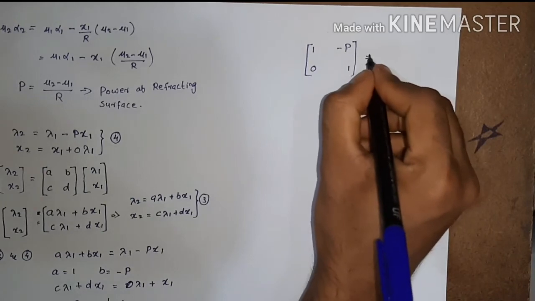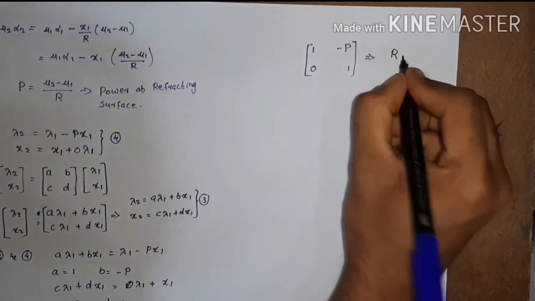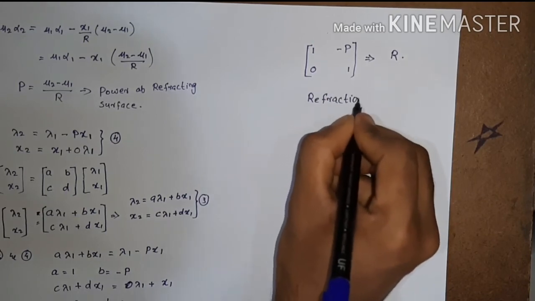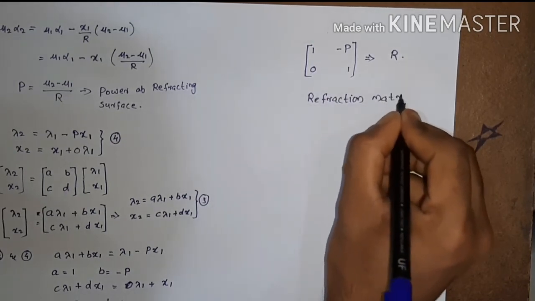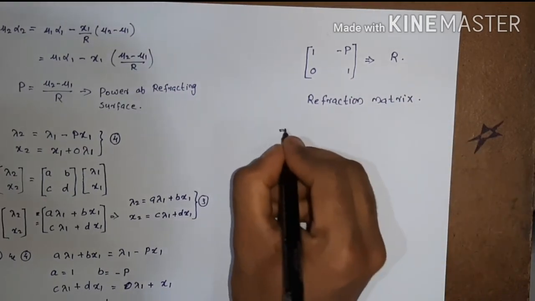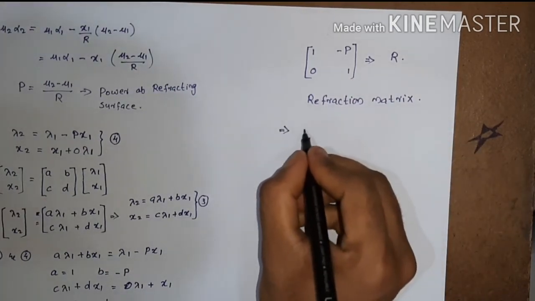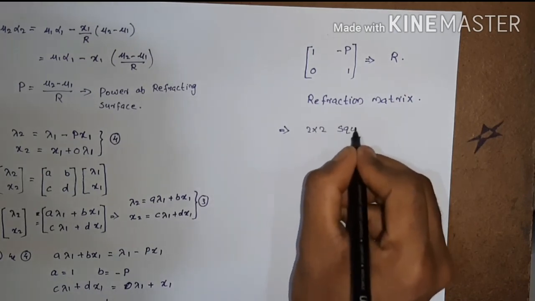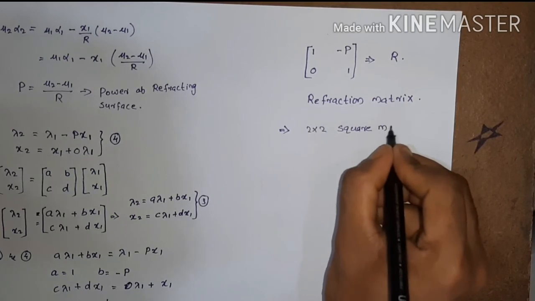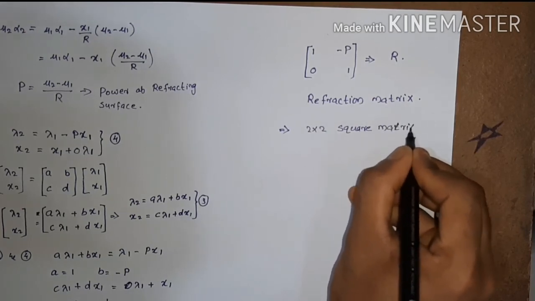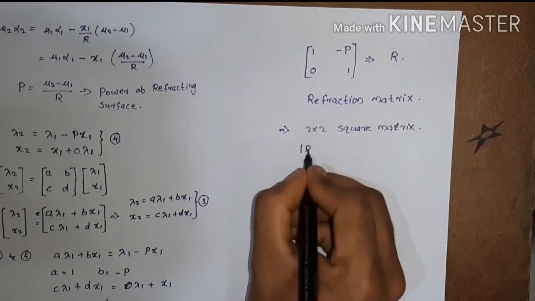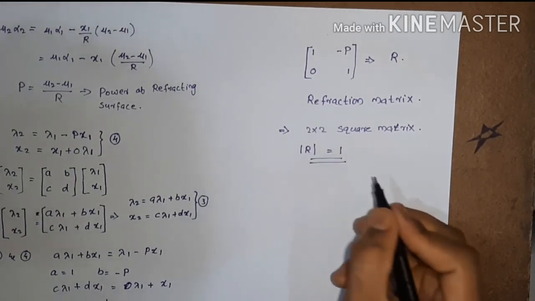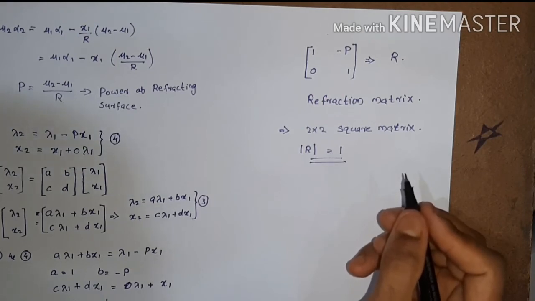So it is the matrix representing the process of refraction, and it is called the refraction matrix. The properties of this refraction matrix are that it is a 2 by 2 square matrix, and also the determinant of this refraction matrix is equal to 1. These two are the properties of the refraction matrix.